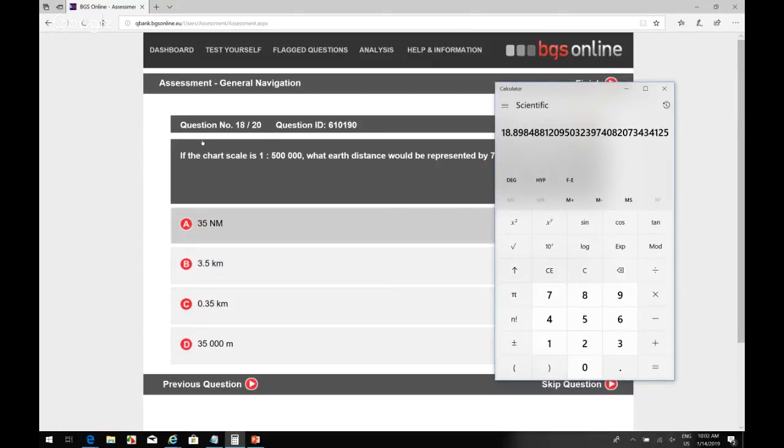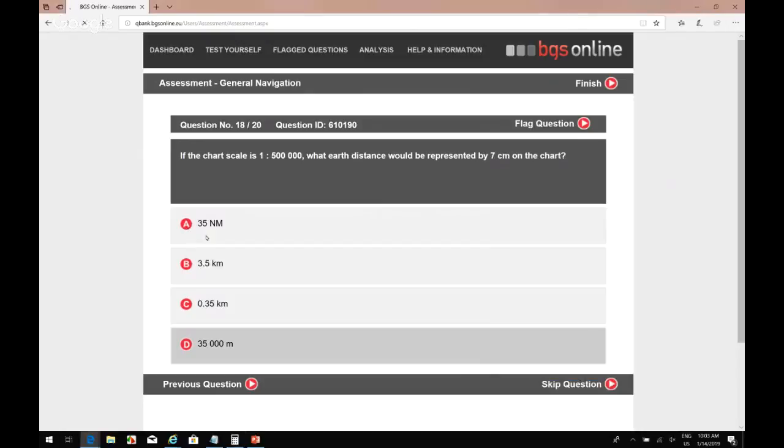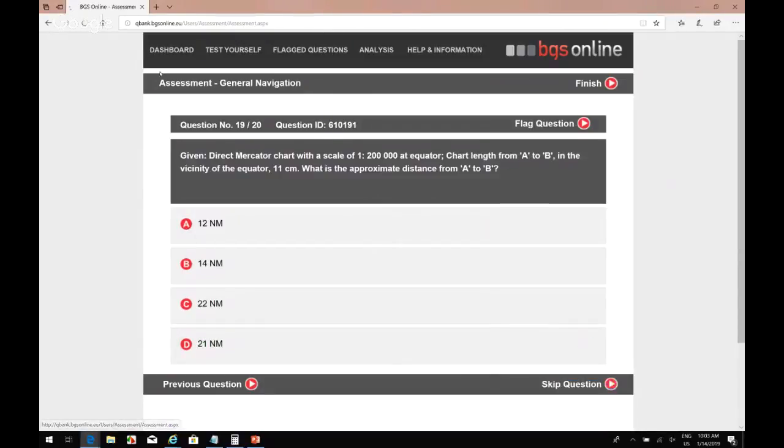So we have to convert this to kilometers. So times 1.852. It's 35 kilometers. It's not there. Oh yes, it is, 35,000 meters. Okay, so times 1,000. 35,000 meters. That's the correct answer.